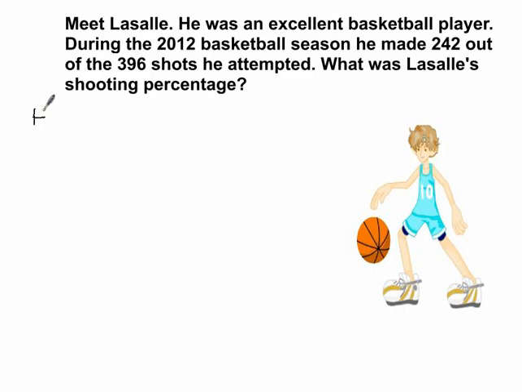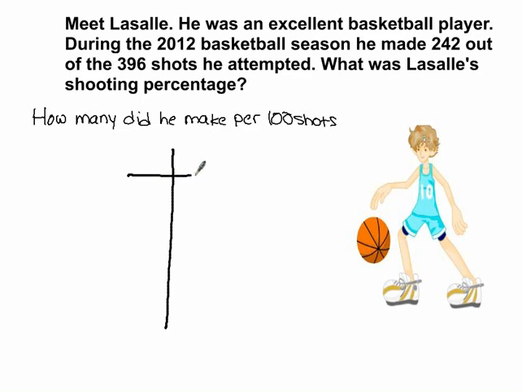So this is the guiding question. How many did he make per 100 shots? Right now, we know that he made 242 shots out of the 396 that he attempted.